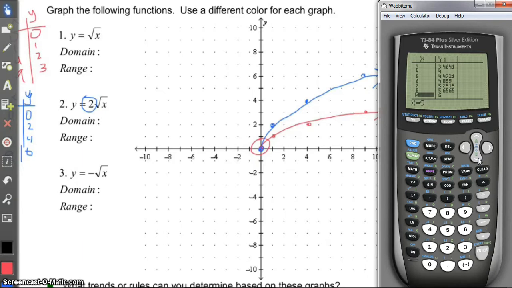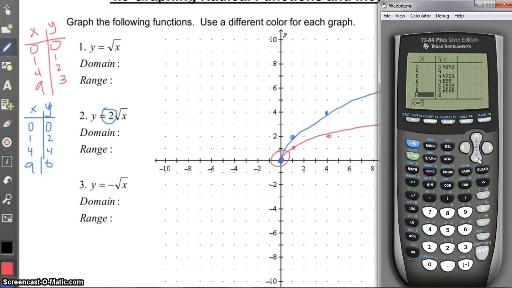So let's talk about the domain and range. Let's look at the domain. Now, you always need to know what your endpoint is. So the endpoint is 0, 0. So let me write it down in red. So the endpoint for this number 1 is 0, 0. So the domain is always going to start from the x of your endpoint. So it's going to be from 0.